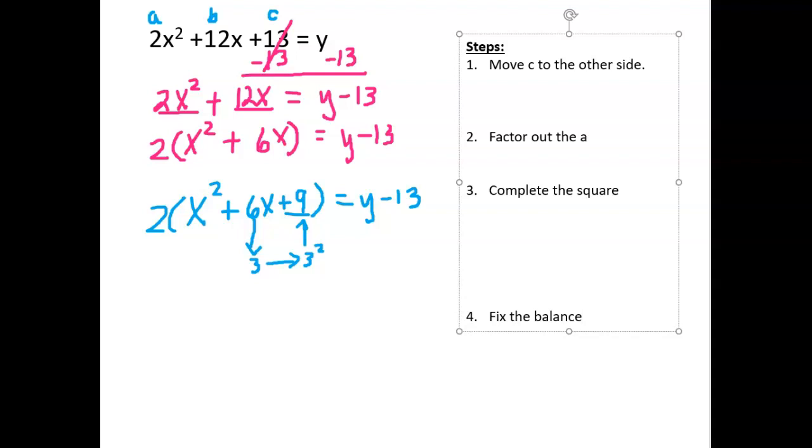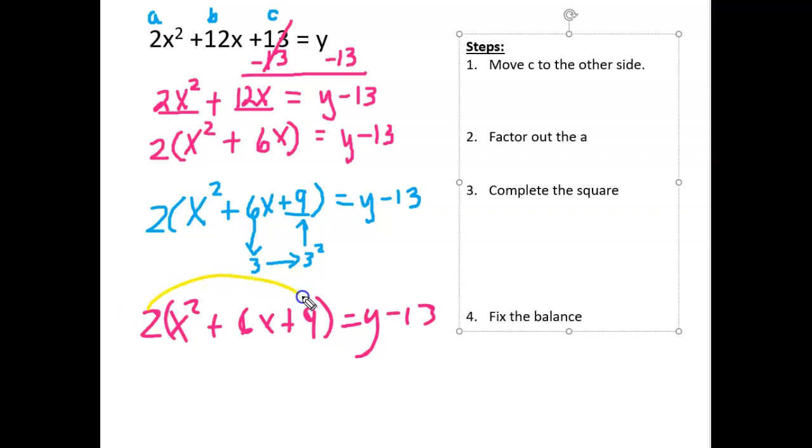So for the next step, here's how I like to show my work for this one. To fix the balance, what we're going to do is rewrite all this really quick. Minus 13. And what we do is we are going to put multiply, and then I'm going to put add.